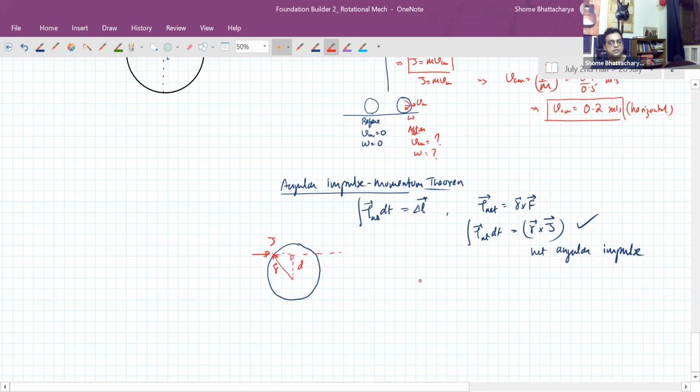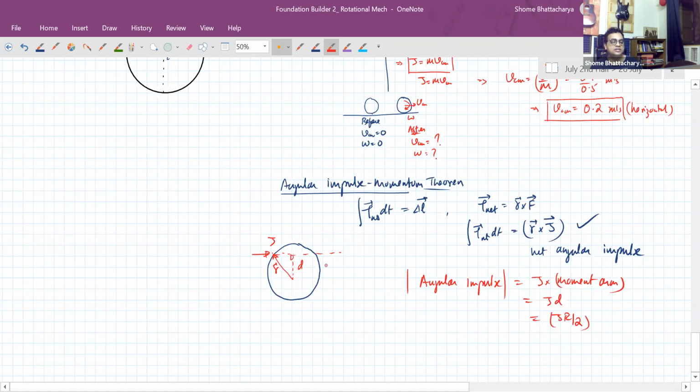Okay, so this angular impulse, its magnitude will be linear impulse into the perpendicular distance. So the magnitude of angular impulse will be J D, which in this case is J R by 2.